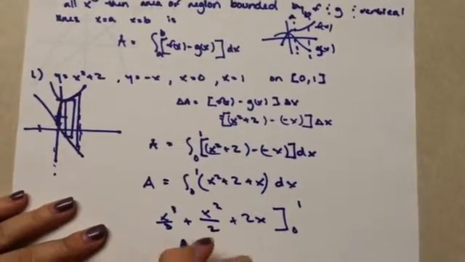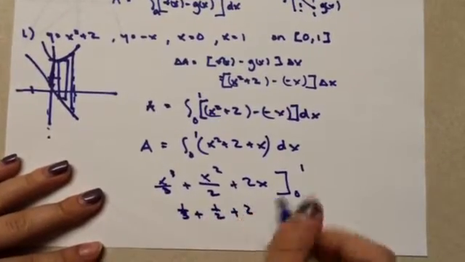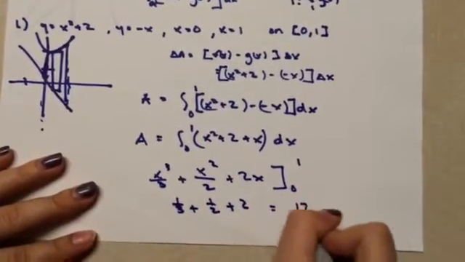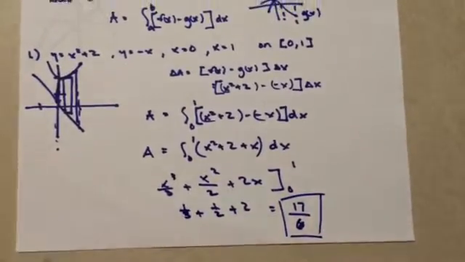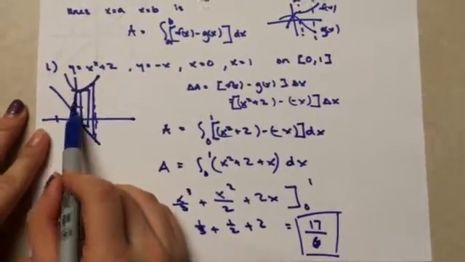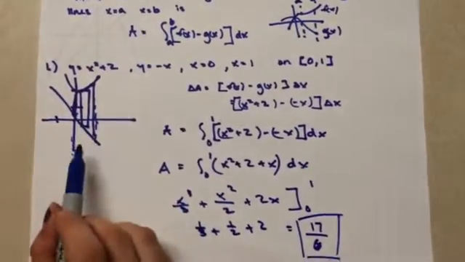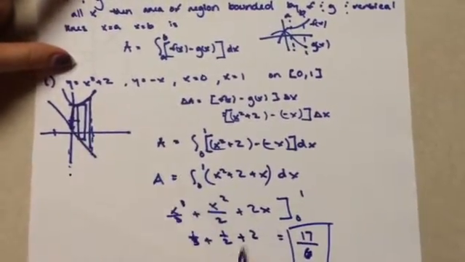Plug in all of this, we should get 1/3 plus 1/2 plus 2. And this is going to give us 17/6. Now you see that's so much easier than trying to find multiple representative rectangles throughout. By simply taking the integral and subtracting the bottom from the top, we can get the area.